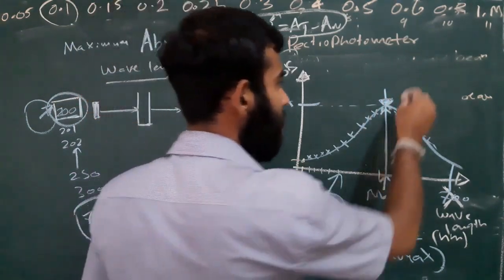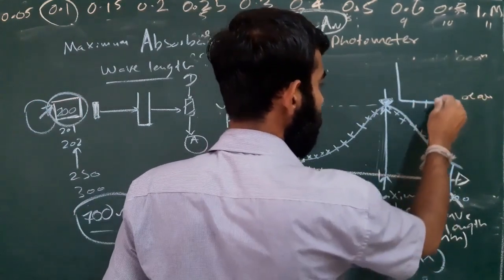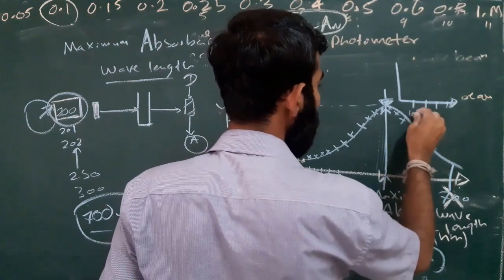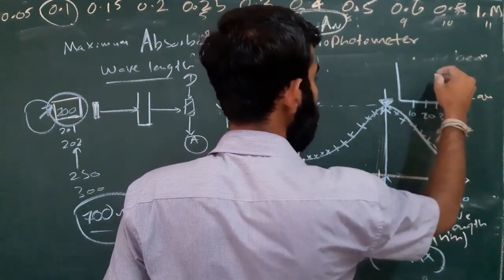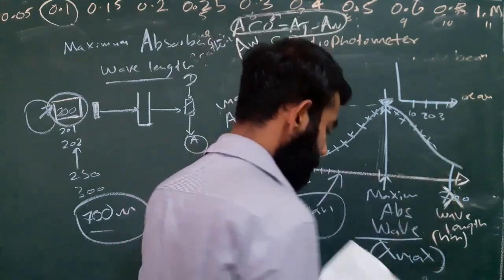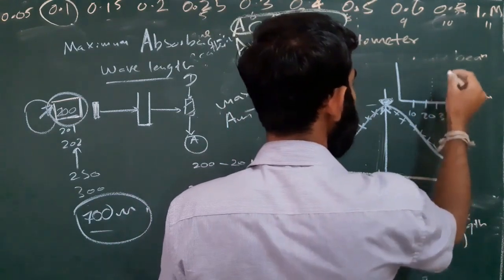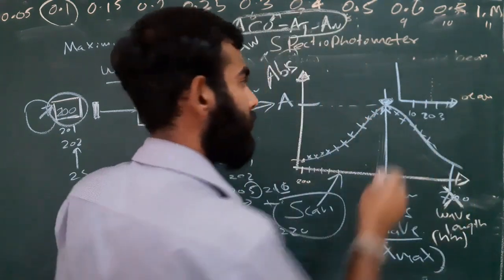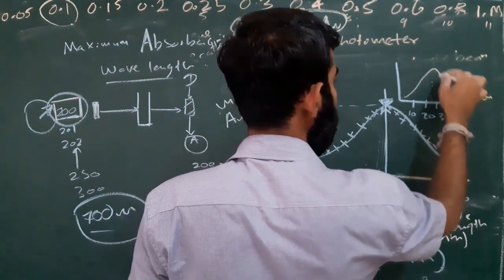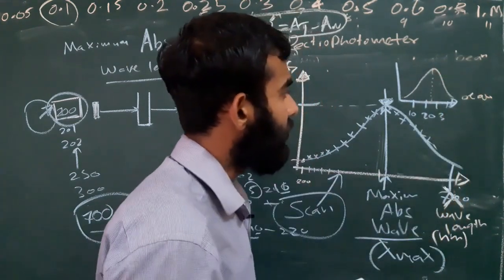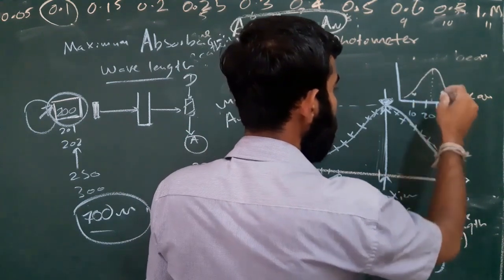For example, consider we increase our lambda value by 10 by 10. Imagine the lambda max should be in between 20 and 30. Just imagine, this is an example. Lambda max should be here. However, when we increase in 10 by 10, what will happen? We will get this type of data.